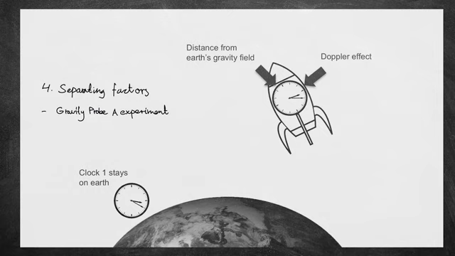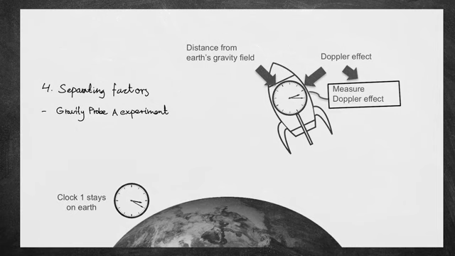However, with that experimental intervention came that we had to rapidly move the clocks vertically away from Earth. And that inevitably created a Doppler shift. So we couldn't eliminate that. So what the experimenters could do was to separately measure the Doppler effect.